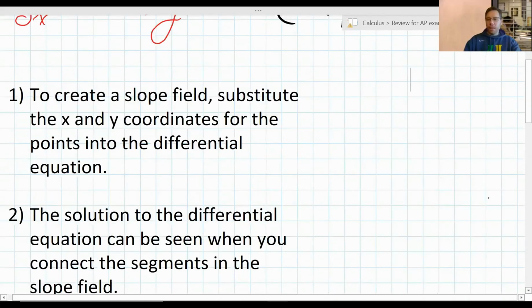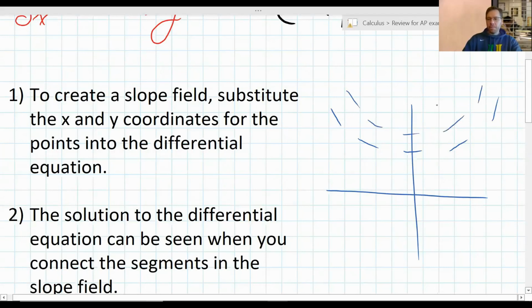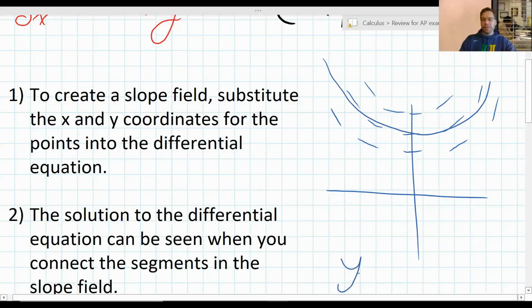If I had a slope field and I see patterns that look like this, and then that pattern would be repeated up and down, and I fill this all in and get this pattern, the solution to the differential equation is the connect the dots. When I look at this connect the dots, I see something that looks like an x squared plus some constant. Maybe that constant's 3. It doesn't matter what that is.